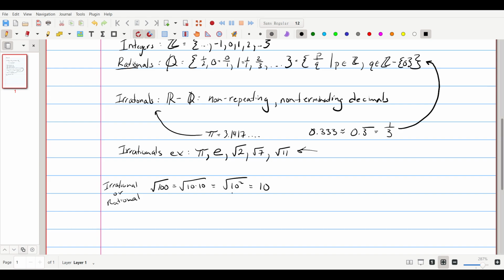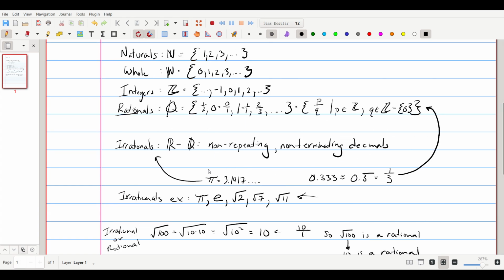And 10 can definitely be written as a fraction, as 10 over 1. So we would say the square root of 100 is a rational. And really it's because we can simplify this. So 10 is a rational, because all whole numbers can be written as fractions. You just put them over 1.